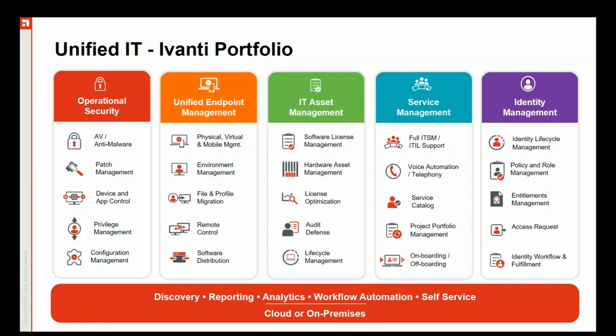Now, arguably, there's a sixth tower, if you like, but it spans across all of the different areas of the business, and that is to do with our discovery, reporting, and analytics side of things. They're the glue that can gel all of these towers together and give you a solution rather than an individual point product.